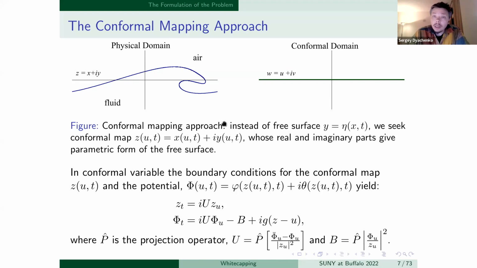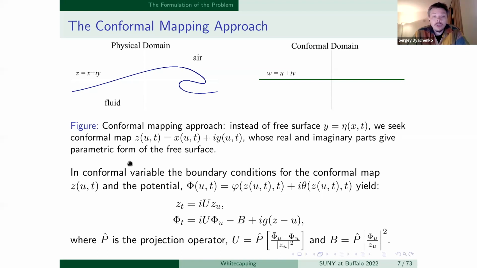So the nice thing about having a conformal map is that if we have an analytic function in the lower complex plane on the right, this will automatically also be an analytic function inside the fluid domain in the variables x and y. So harmonic functions under this transformation remain harmonic functions.